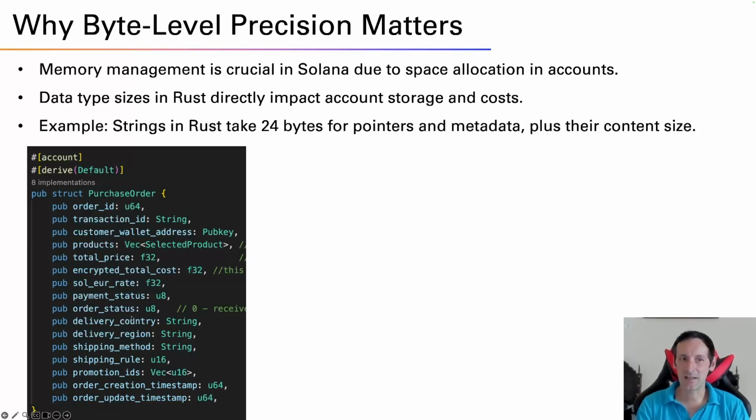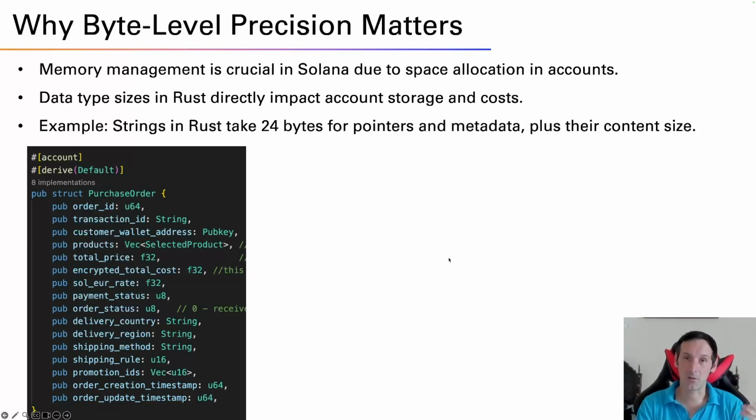And as you can see here, this is the purchase order. There are several fields in here that are fixed size fields, like the unsigned integers, for example U8, the floating types as well, F32. Even the public key, for example, is a good example of a fixed size field.